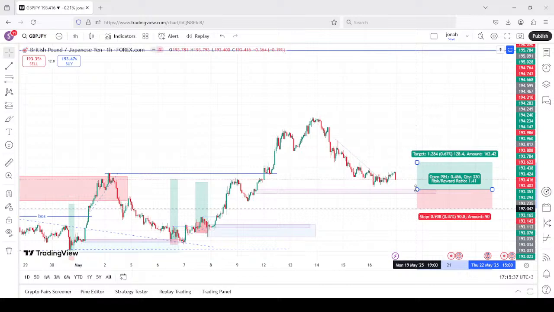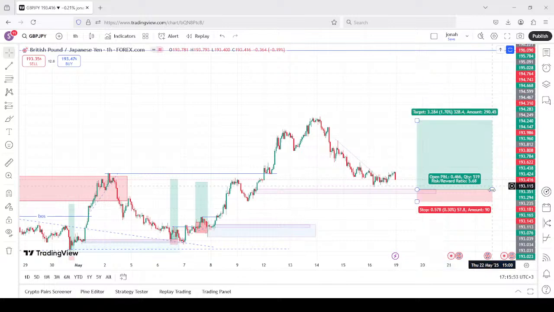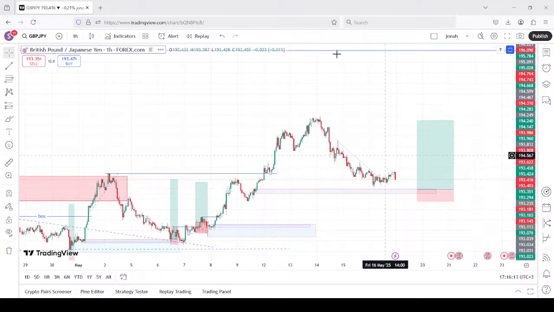I advise that we wait for clear confirmation before taking that trade. So after tapping that zone and clear confirmation, we shall be flying higher, grabbing all this liquidity that price formed right on this point, and also filling the next fair value gap.